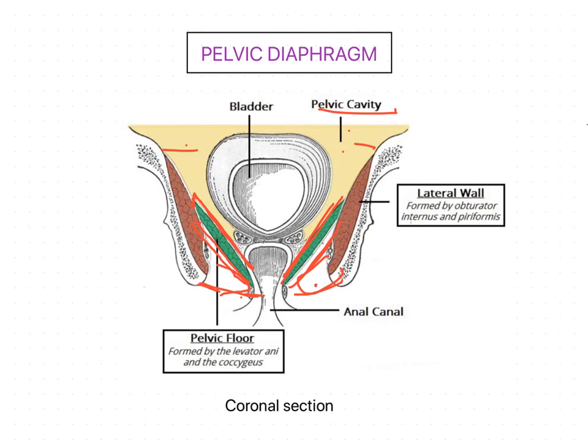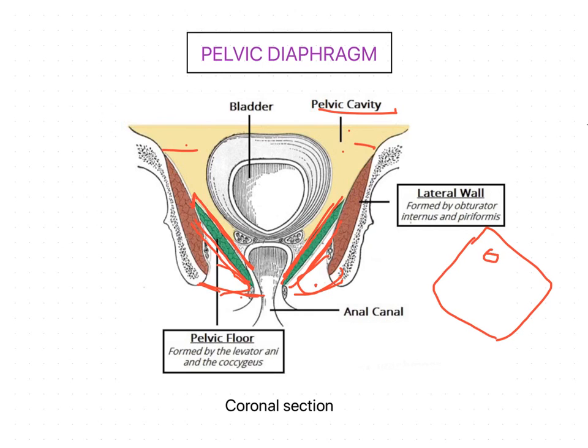In the perineum we have some openings called the urogenital hiatus, an anteriorly situated gap which allows the passage of the urethra. Normally the perineum appears like this in the lithotomy position.